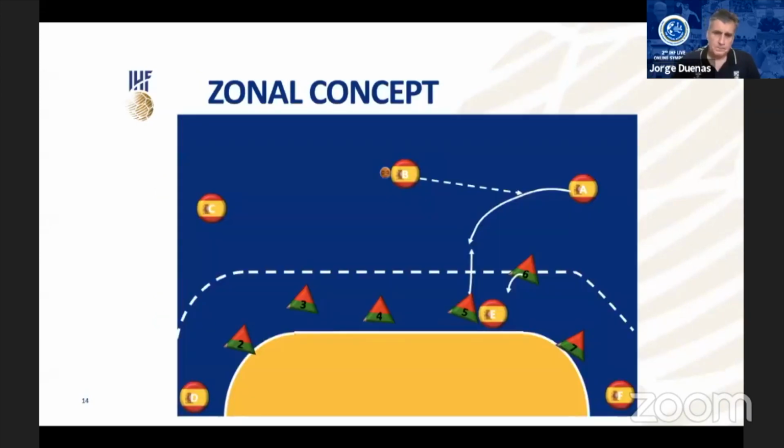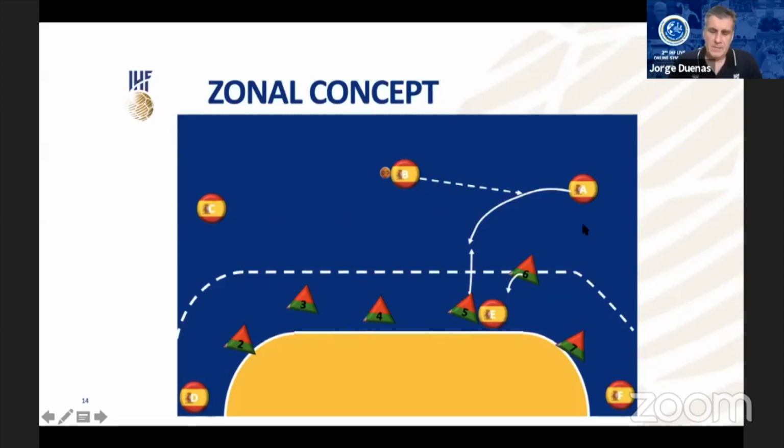So, for example, when we talk about the change of opponent, this is a zonal concept. In this case, for example, number 6 is the defender of A attacker, and number 5 is responsible for E attacker, the line player.